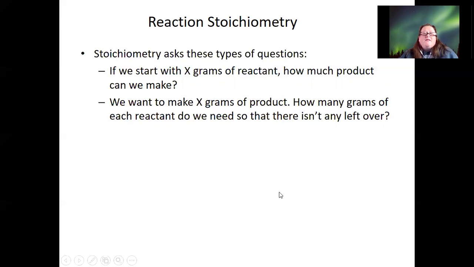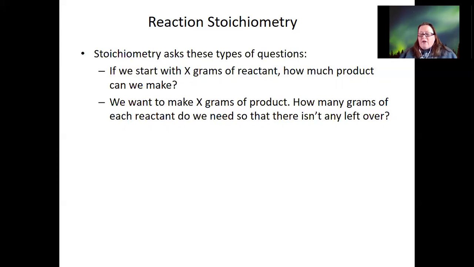Or you could ask this type of question. I want to make a certain amount of product. How many grams of each reactant do I need so that there isn't any left over? If I'm in industry, I don't want to have to purchase and use any more supplies than what's needed, because that's wasteful.